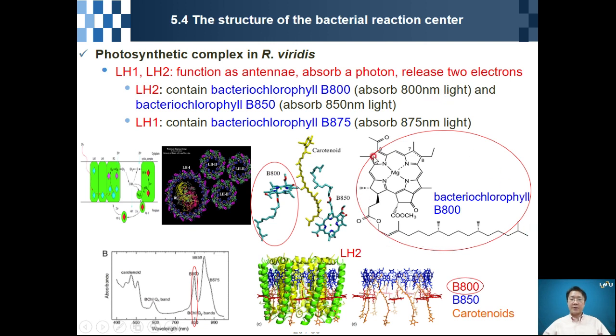So this is the structure of bacterial chlorophyll B800. This is the LH2 structure, which is composed of transmembrane helices, but I will not cover it in detail. The LH2 has the B800, which is the red color like this. So this is the bacterial chlorophyll B800. It absorbs 800 nanometer light, so they absorb around these wavelengths.